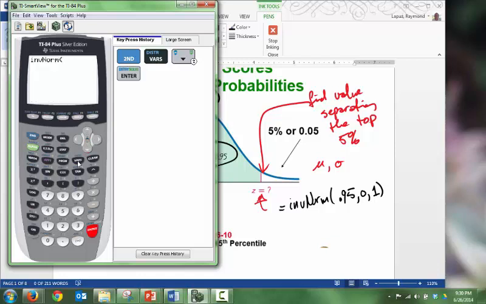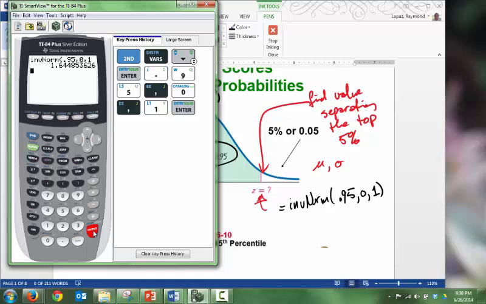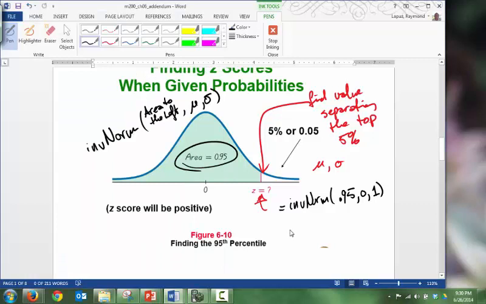So inverse norm, 0.95, comma 0, comma 1, mean and standard deviation. If you press enter, you should get 1.64. Usually they want this in 2 decimal places. Sometimes they want 3 decimal places. So we'll use 3 decimal places, and this is 1.645.